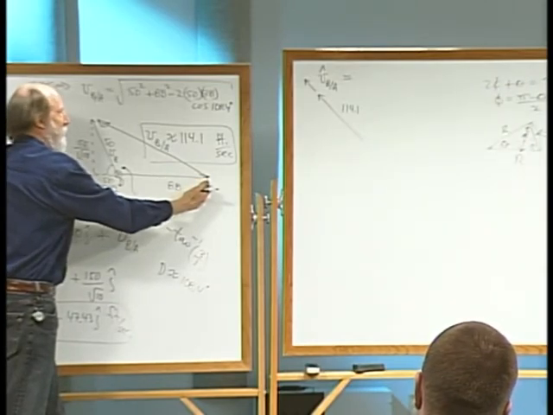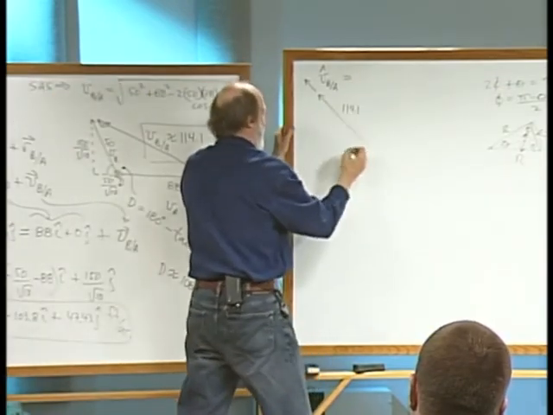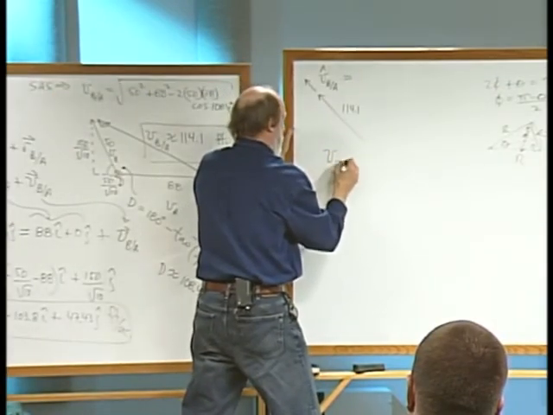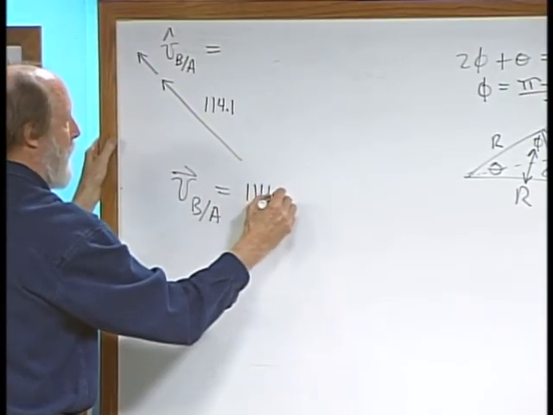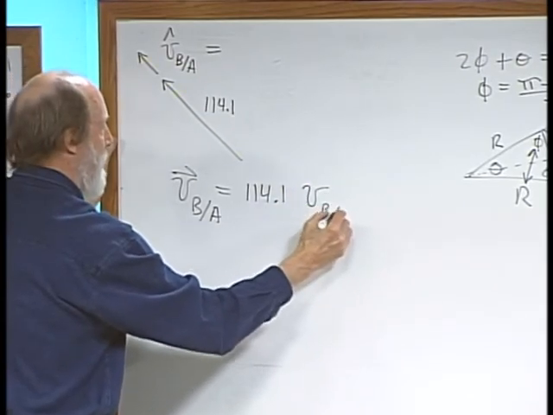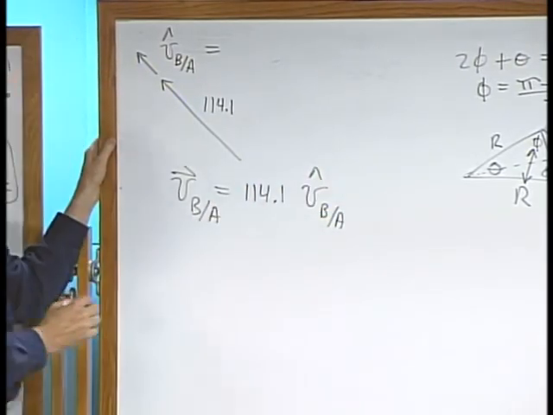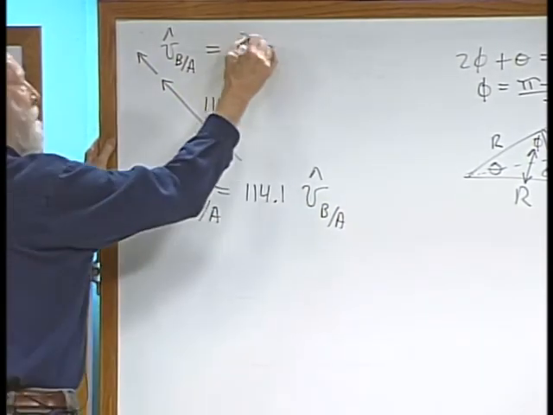Now, you know something, that's going to be yikes. Here's what we were talking about doing: figuring out this vector by taking the 114.1 and multiplying it by a unit vector in that particular vector's direction. Okay?